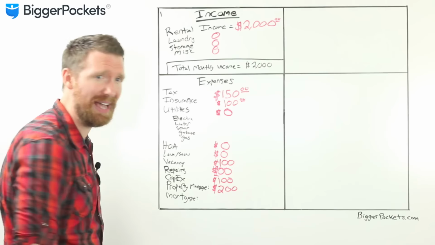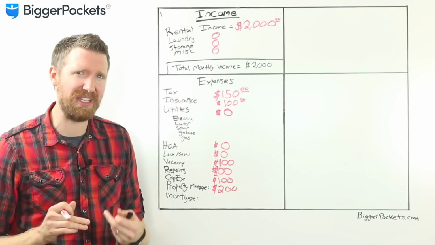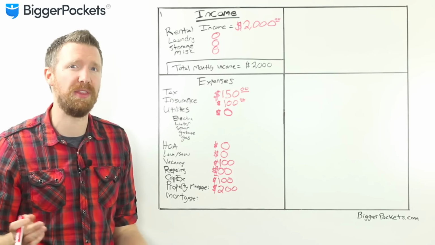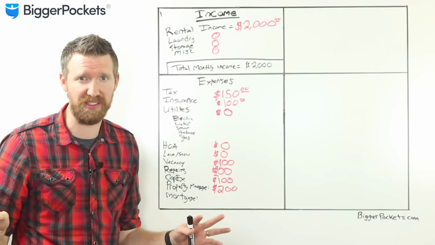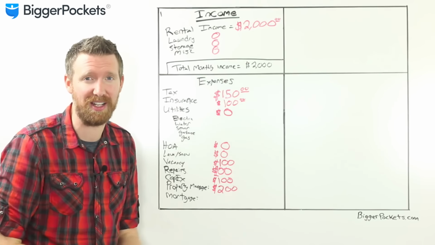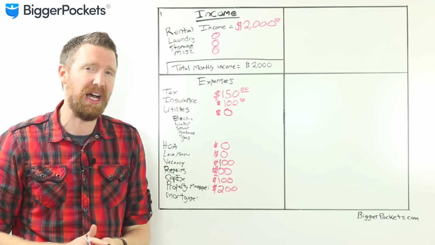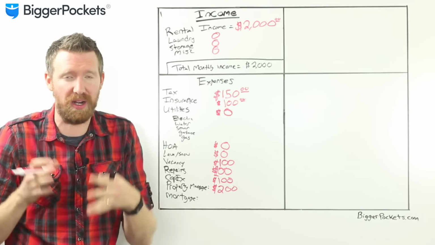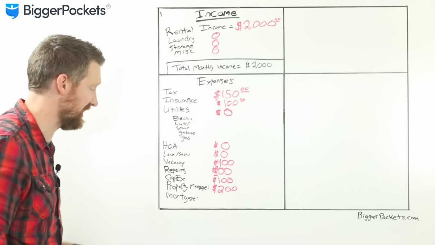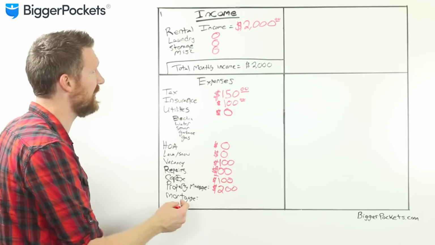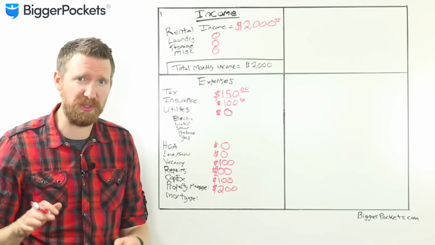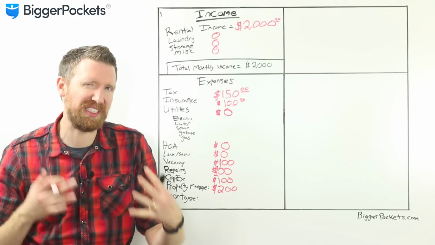And lastly, we have our mortgage. Now, that's not really a thing you can just figure out in your head usually, but there are a million online mortgage calculators. In fact, BiggerPockets has one at BiggerPockets.com/calc, C-A-L-C. But you can go anywhere and find an online free mortgage calculator. They're all over the place. So in this case, we said earlier that the property was a $200,000 property. Now we've got to make some assumptions here.